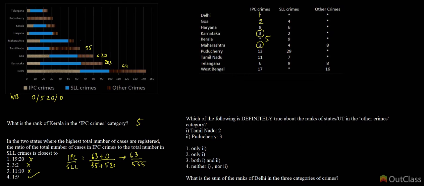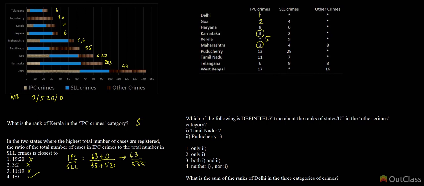Maharashtra is very low. The other one that we need to compare is Puducherry. Puducherry has around 30. Kerala is low, it is around 10. Haryana around 5 or 6. Telangana around 5 or 6. Maharashtra around 5 or 6. I don't know the exact values, doesn't matter.